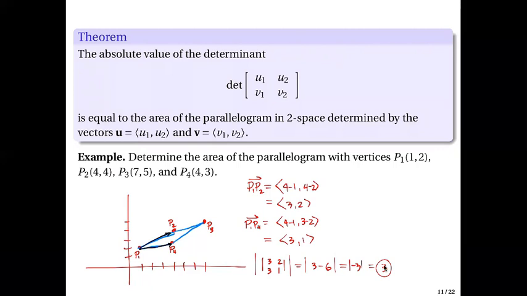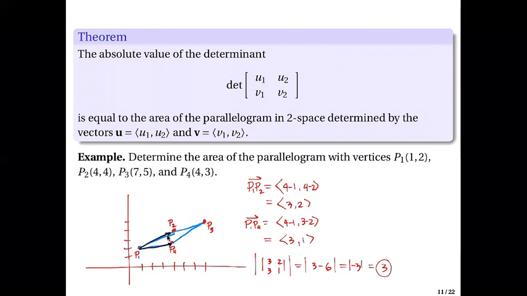So take note that you have to place the proper location of your vertices, and don't just use any 3 points. Because vectors P1P2 and P1P4 will generate this parallelogram.